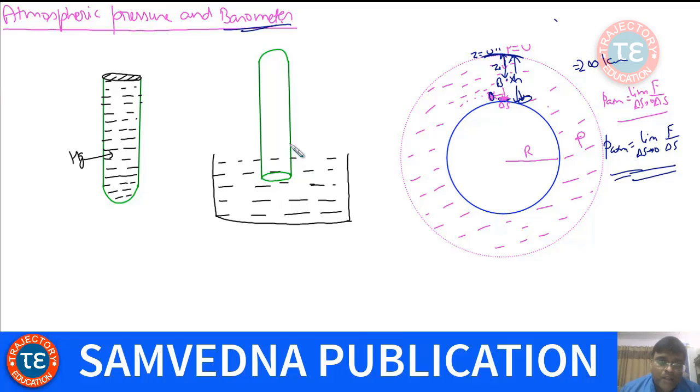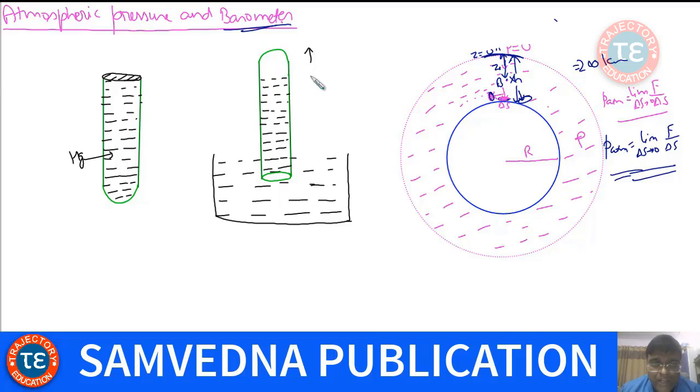You'll find that once you invert it in this cup of mercury, see what will happen. The mercury will come down a little if the tube has got sufficient length.